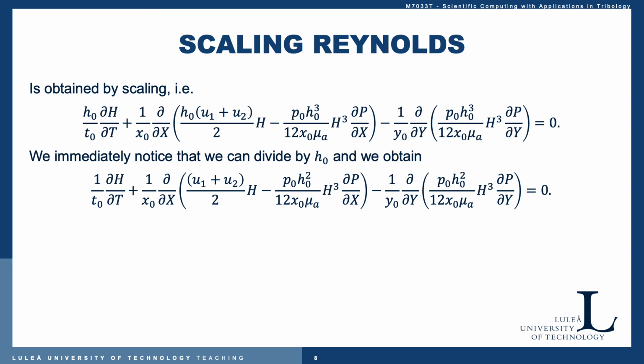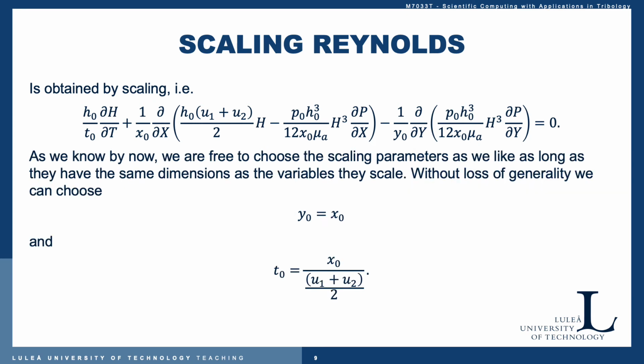Okay, but from now on we have to make some assumptions. We know by now we are free to choose the scaling parameters as we like, as long as they have the dimensions of the variables that we scale.